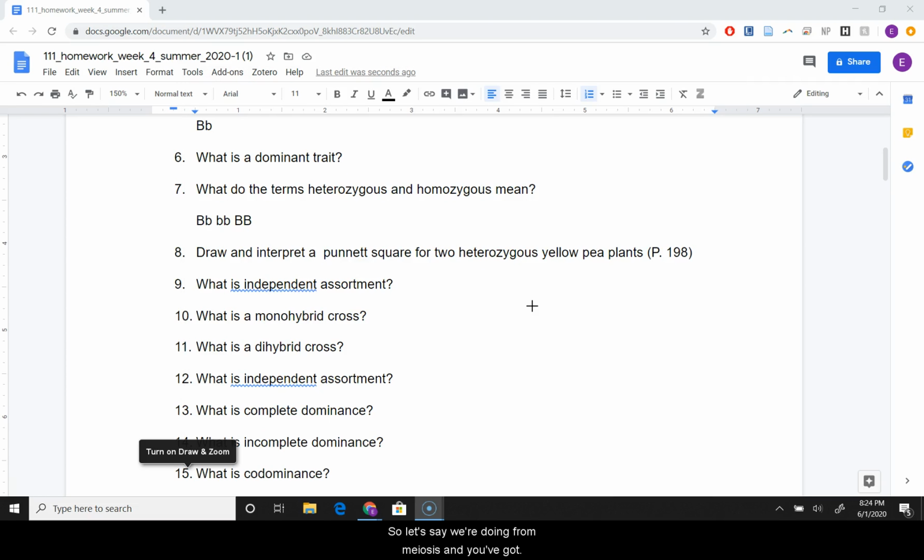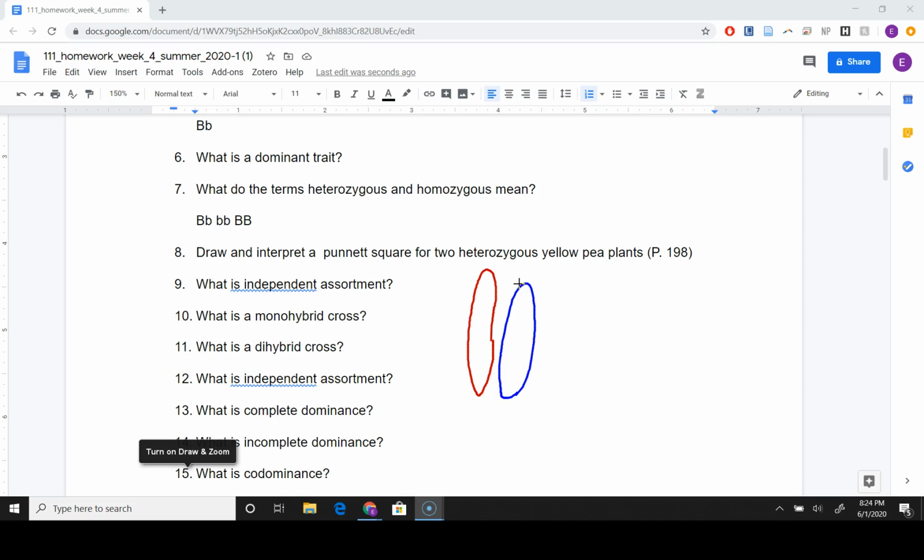So let's say we're doing some meiosis, and we've got, let's see, how do I do this? Let's make it red. We've got this chromosome here, and we've got another chromosome over here. These are homologous chromosomes, like we talked about in week 4. It doesn't make a difference, and either of these can wind up in either gamete.